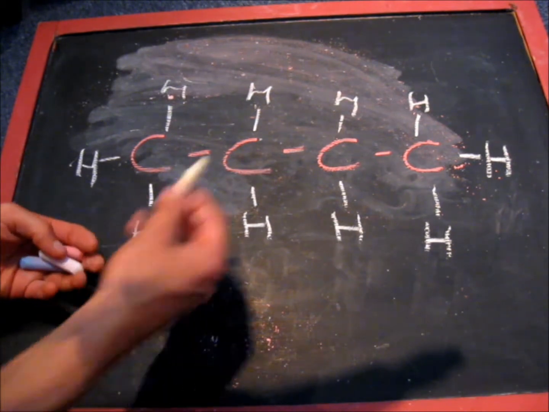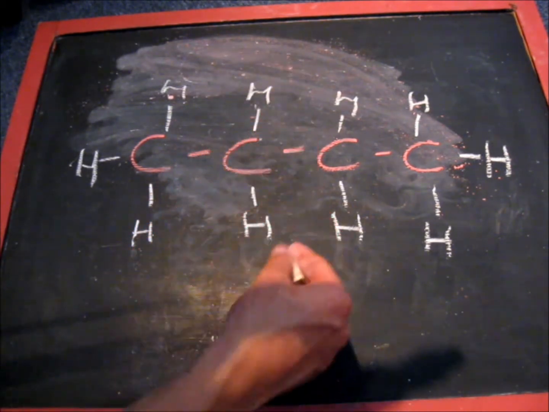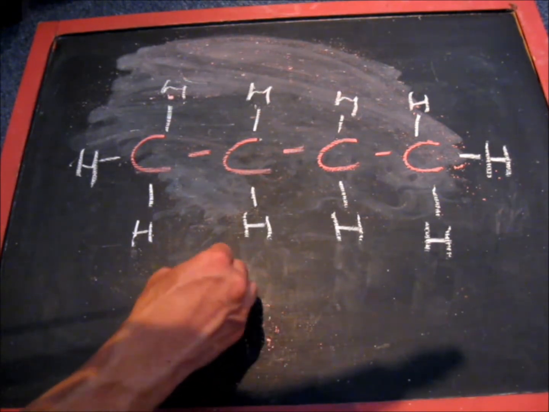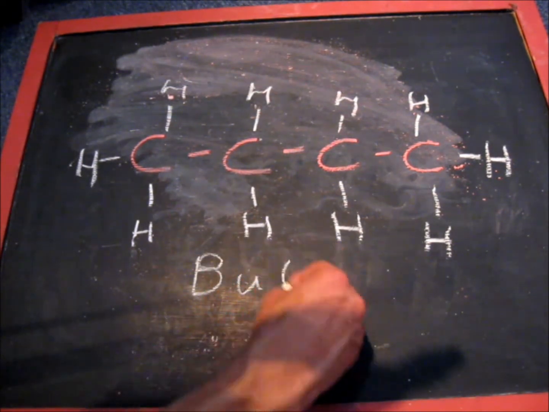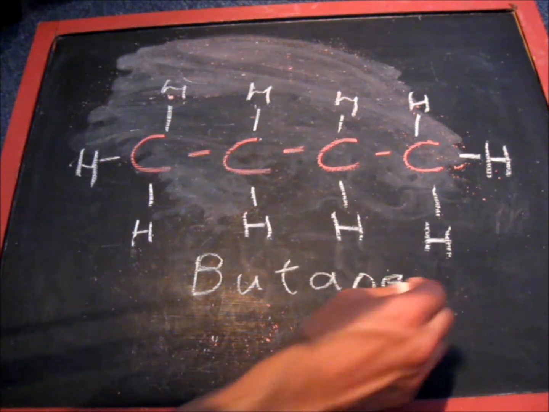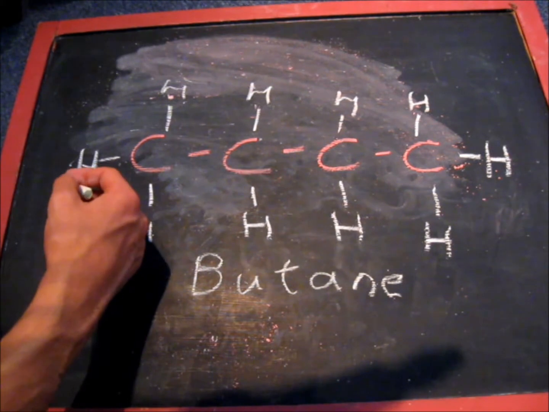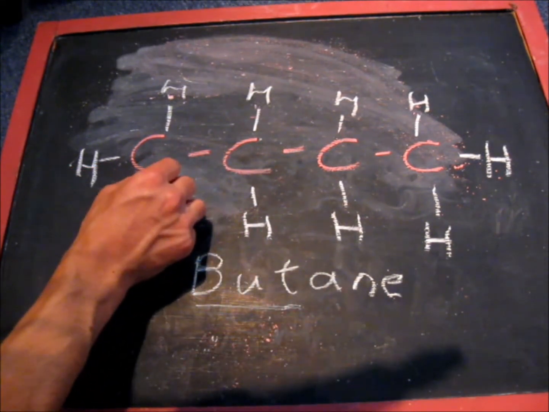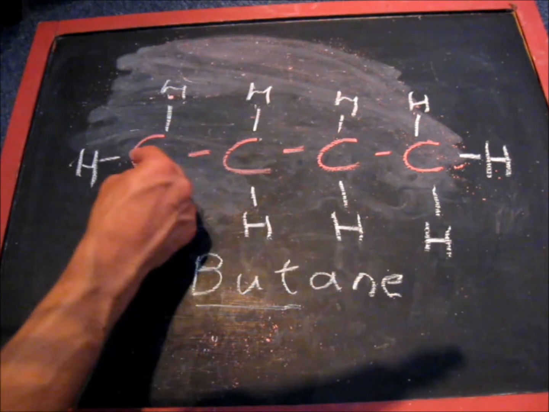And this is called, I'll use the yellow one here, butane. The bute part is just because it has 4 carbons.